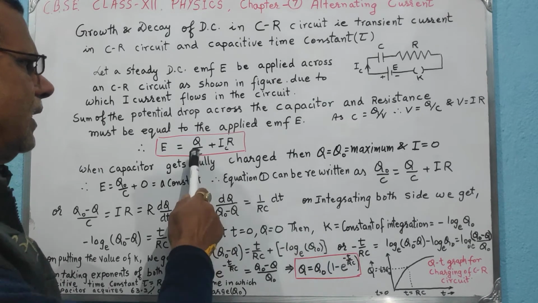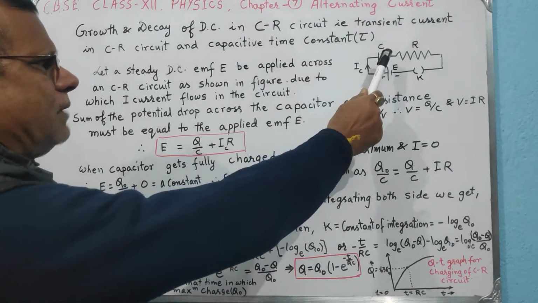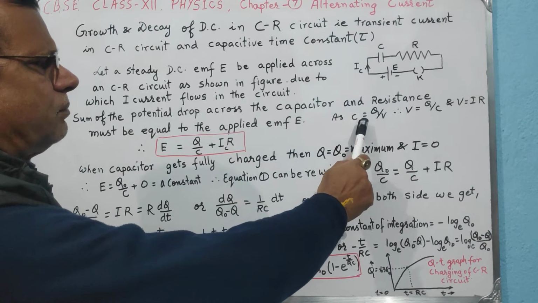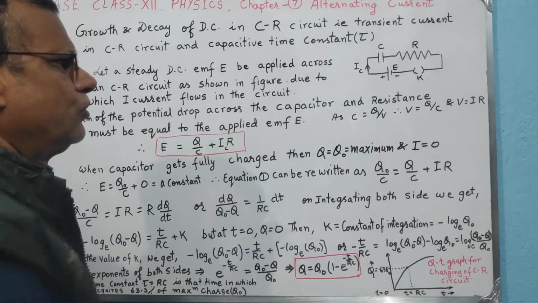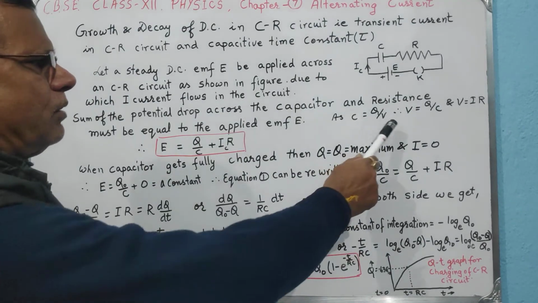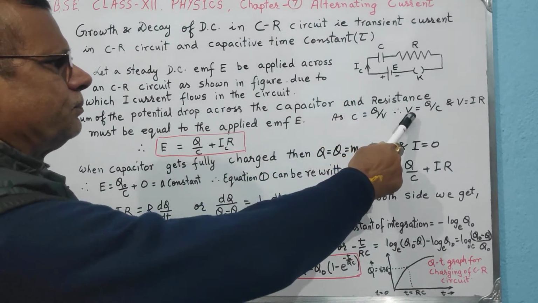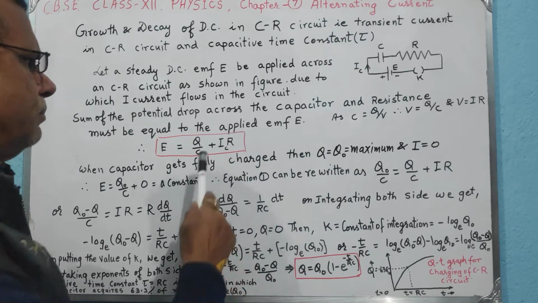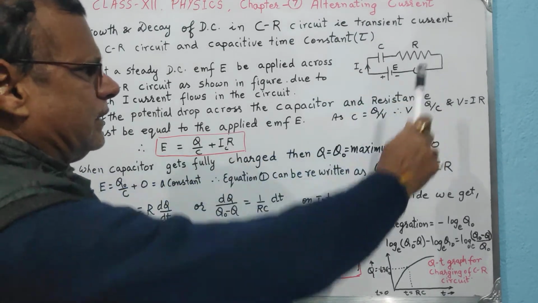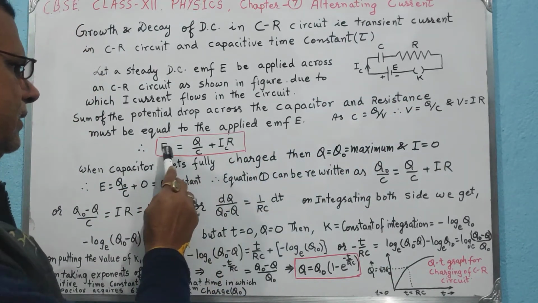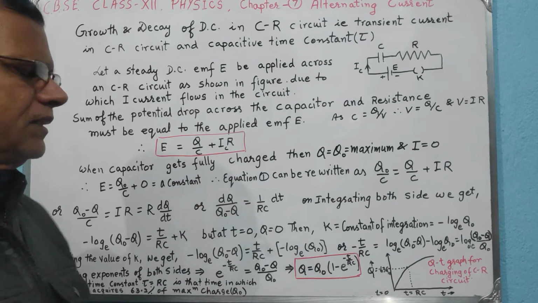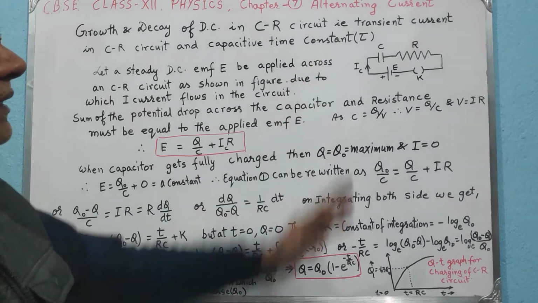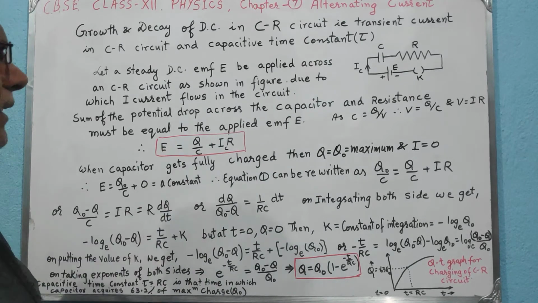Here we have used the relation: potential drop across the capacitance can be found using C is equal to Q by V. Therefore V is equal to Q by C. So potential drop across the capacitor is Q by C and potential drop across the resistance is IR. So we write applied EMF E is equal to Q by C plus IC R, where R is the resistance of the circuit and C is the capacitance of the capacitor.